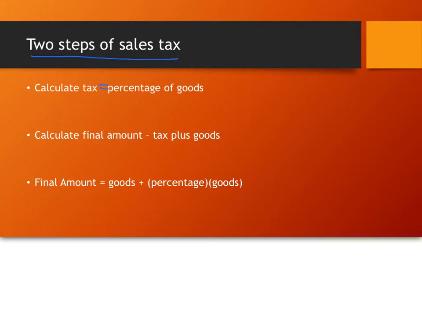So to calculate the final amount, you take the amount of tax you got plus the amount of goods. So this is what it all comes down to. Final amount is goods plus percentage times goods. The percentage times your goods, that's your tax, that's how much tax you pay. And then you add the goods on.